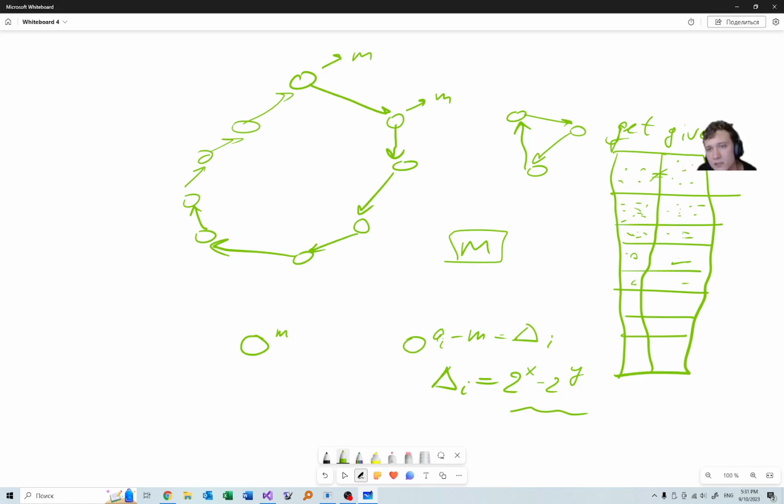So we assume that in every row there is the same number of people. Okay, let's first of all solve it for permutation. If in any row it is not equal, then we halt.